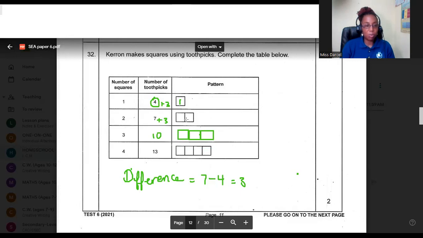So if 2 squares is 7, and you just added on a third one, so that's 7, 8, 9, 10.